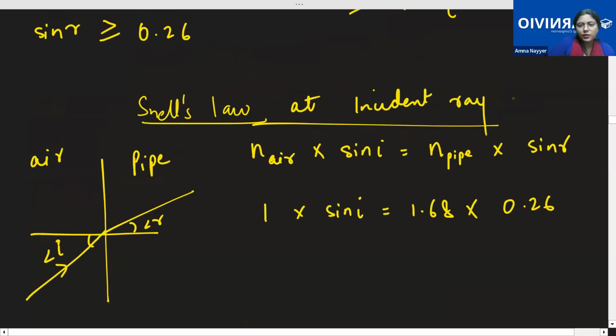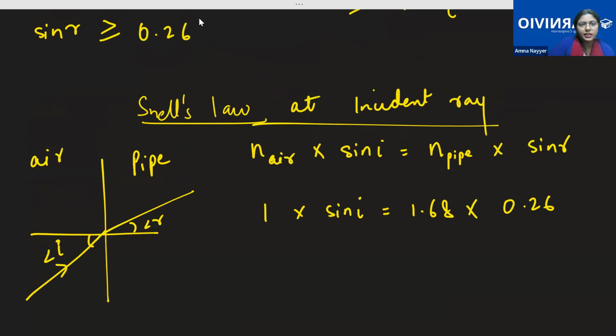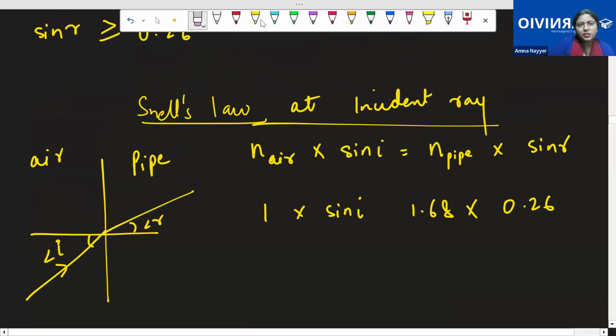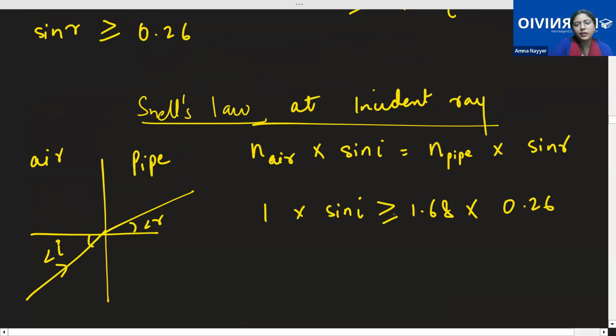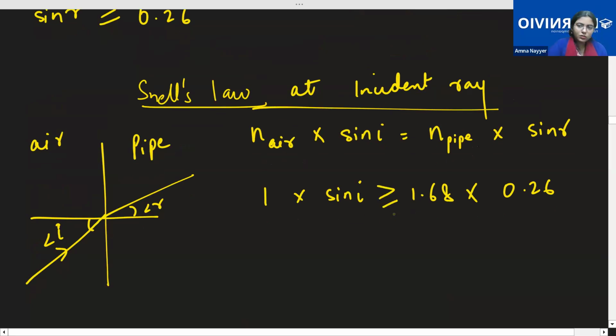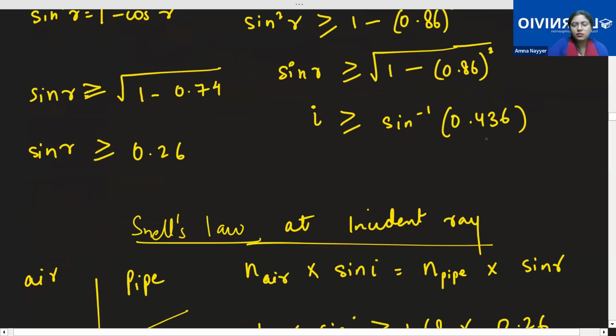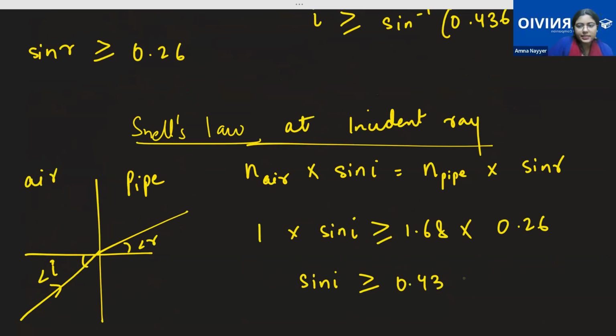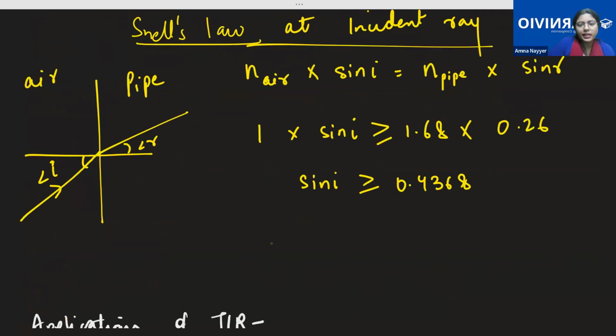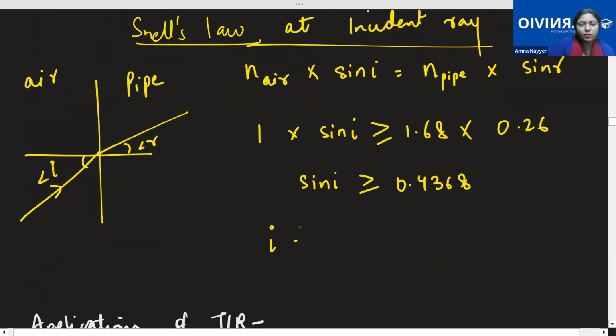So I shouldn't just put the equal to sign because this is greater than or equal to. So this will also be greater than or equal to. So sine i will be greater than or equal to 0.4368. So i will be equal to or greater.